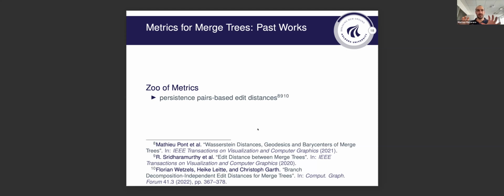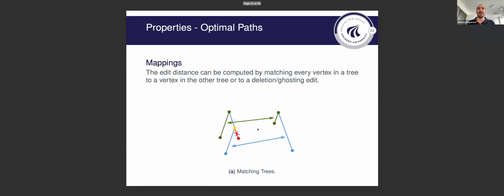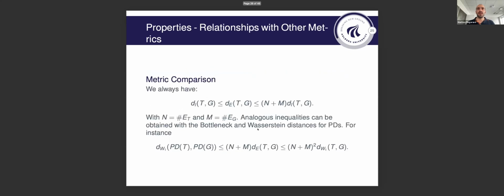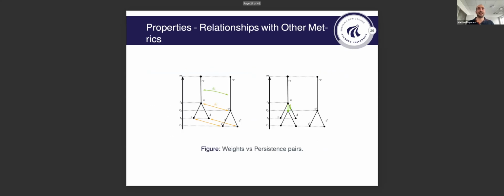They are not necessarily hung at the same height; their vertices do not necessarily have the same heights, but the merge trees have the same shape. Like in this case, these have a very similar shape, but they are at different heights. And I believe this is what my metric really captures: shapes between merge trees.